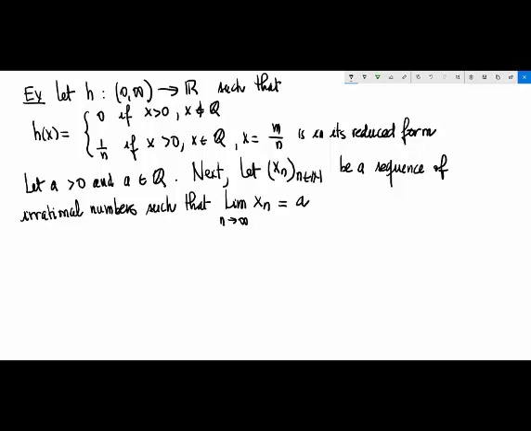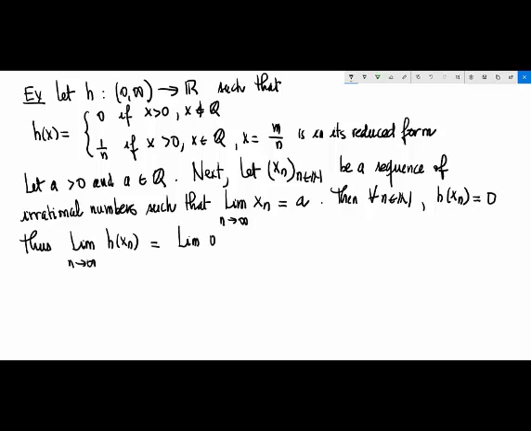So we pick a sequence of irrational numbers convergent to some rational number a. Then for any natural number n, we notice that by definition h of xn will be 0, right? Thus the limit of h of xn as n is approaching infinity is the limit of the 0 sequence, which is 0.